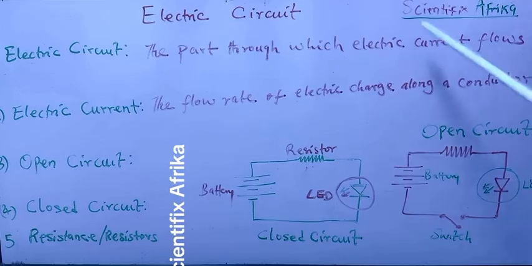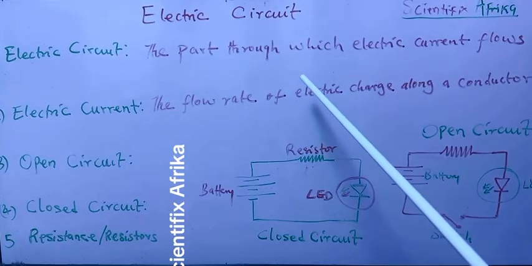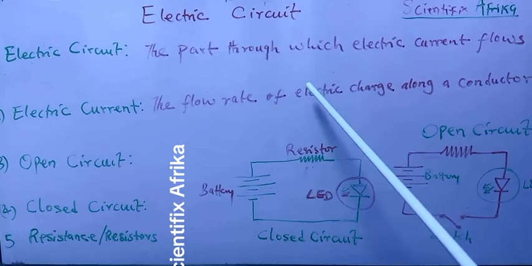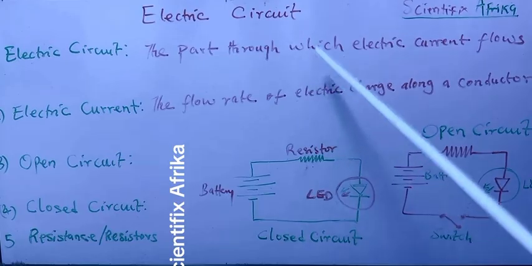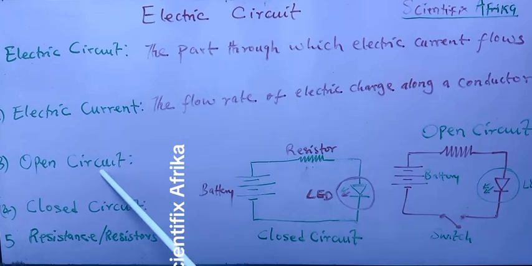Now, when we talk about circuits, we have two types of circuits. Basically, we can still say we have simple circuit, mid-complex circuit, and complex circuit, but that is not what we are talking about today. Generically, we are talking about open circuits and closed circuits.